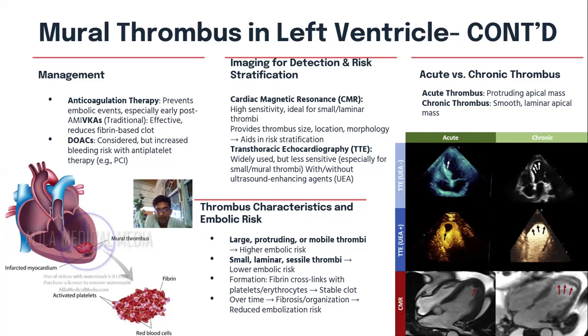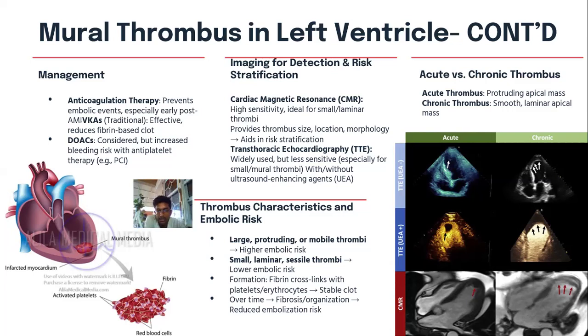The cardiac magnetic resonance allows for precise visualizations of the thrombus and the infarcted myocardium, providing valuable information on the thrombus size, location, and morphology, all of which inform risk stratification and management decisions.